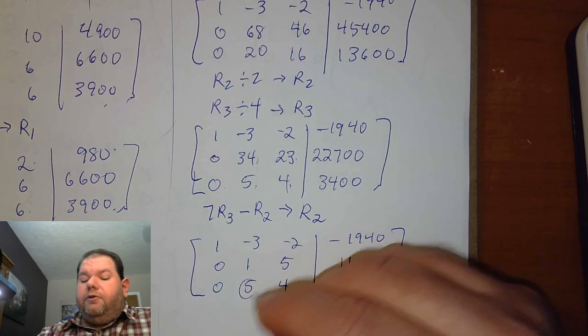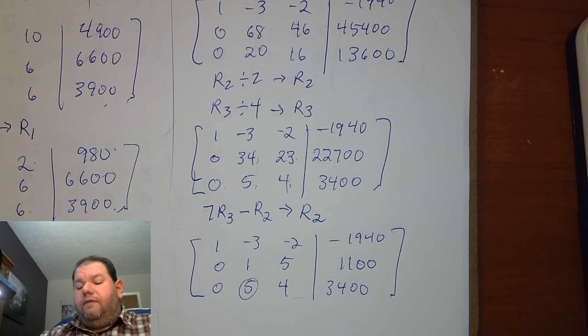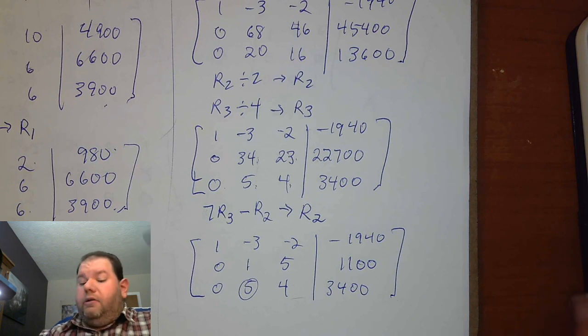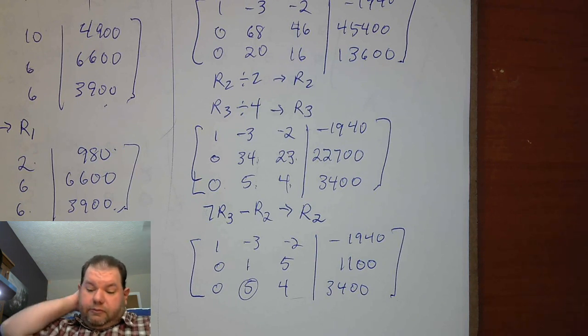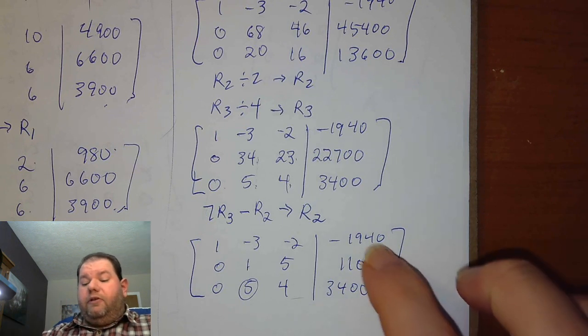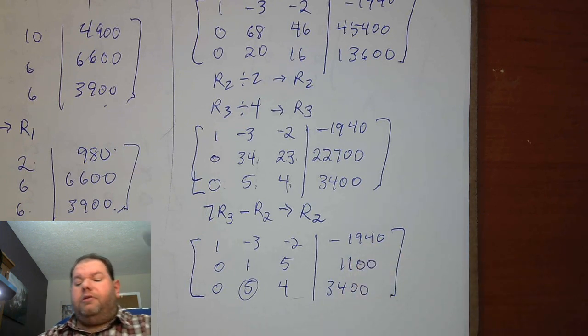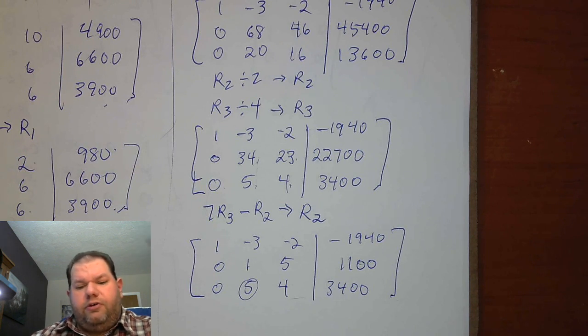Now we want to zero out this 5. Alright. So, as we keep going, these numbers should get relatively smaller. It should turn out to be fairly low positive numbers, I would expect.